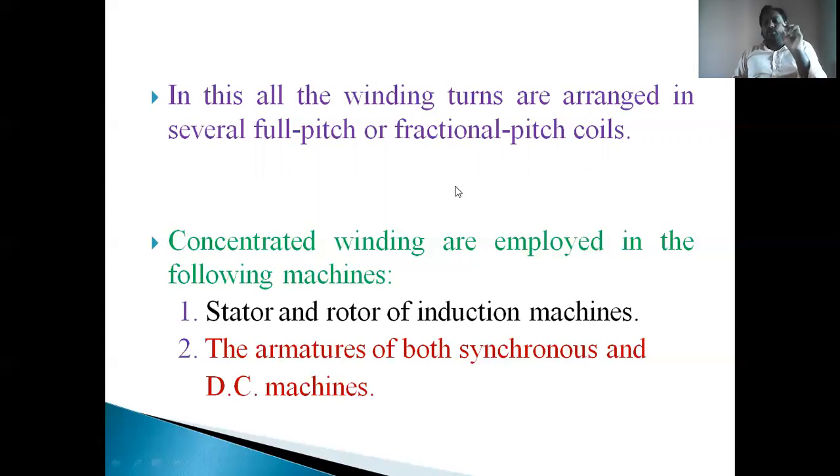Concentrated windings are used for the field system, the field winding, and distributed winding is used for armature windings. Concentrated winding is also employed for transformer windings, and distributed winding is employed for the stator of induction machines also. Okay. Thank you.